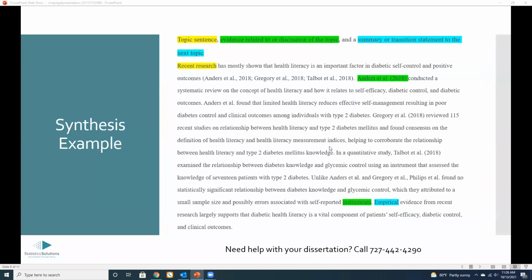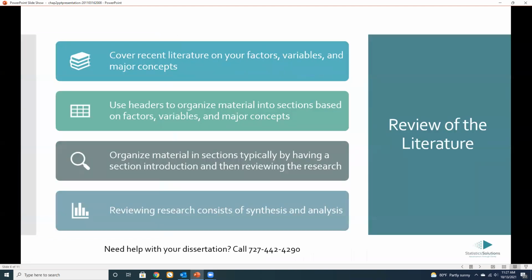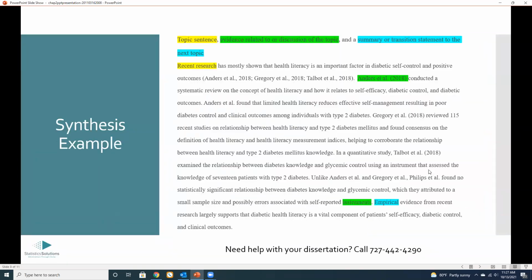And if you notice, to go back, this would be, oops, let me see. Okay. Sorry. The synthesis example here where I say the weakness in the one study, which they attributed to a small sample size and possibly errors associated with self-reported instruments.